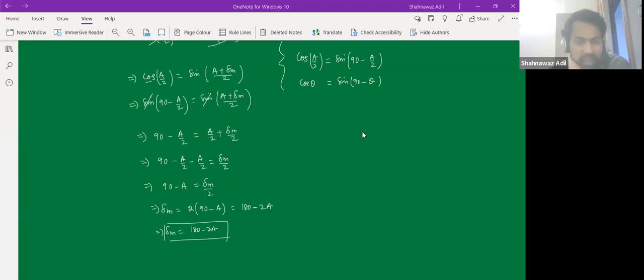Tomorrow we will meet again, not tomorrow, the day after, and then I'll start optical instruments. What is the first optical instrument that you have naturally, from birth? Your eyes.